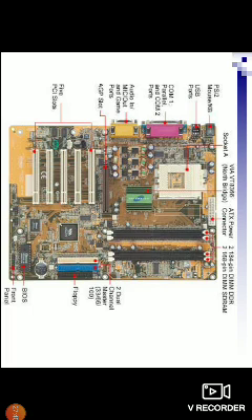The next one is USB ports. Here we can connect keyboards, mouse, printers, speakers, pen drives, memory cards, like that.